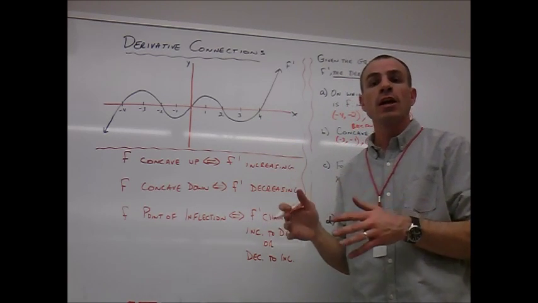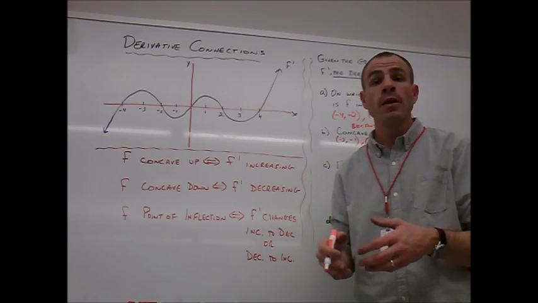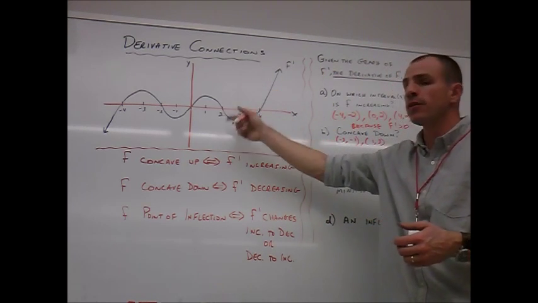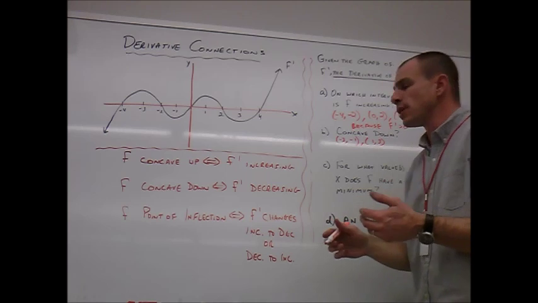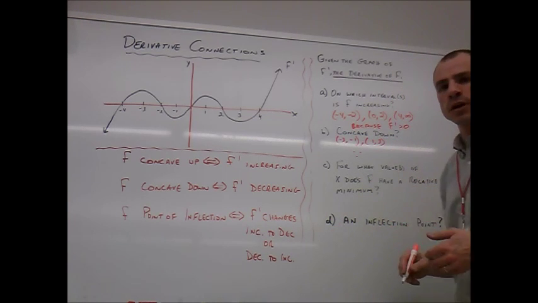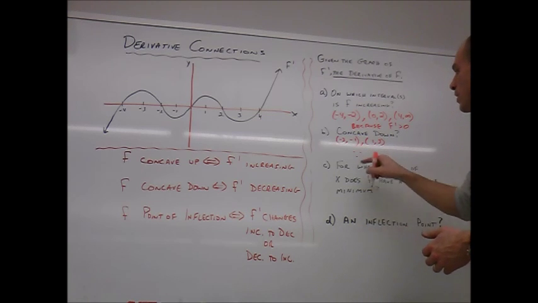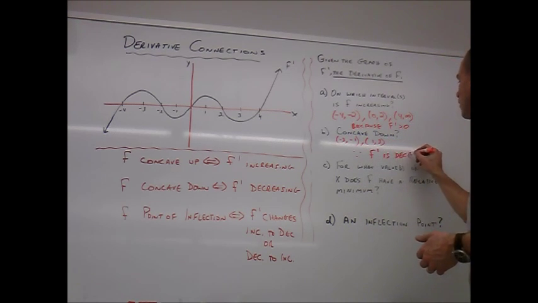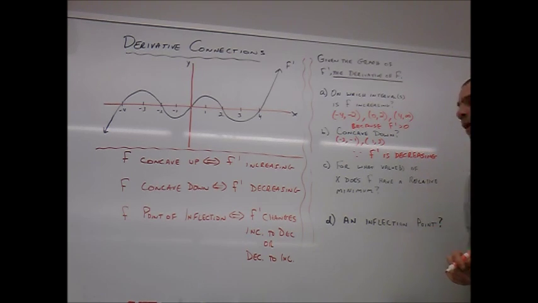But either way, you just want to get an interval down. Okay? Again, why? Because the graph of the derivative is decreasing. Because f prime is decreasing. Okay? All right, next up.